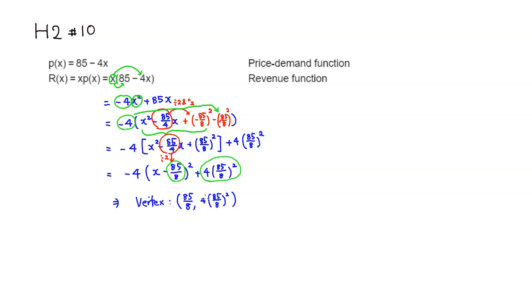All right. So since this is an upside, facing down parabola, you can see that the vertex is right at the top. So you can see that revenue is going to achieve a maximum there. All right. So when x equals 85 over 8, you're going to get a maximum.